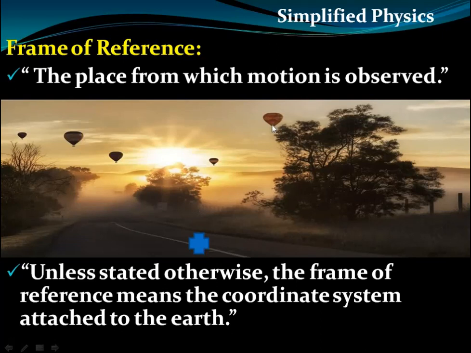Suppose an observer is in this balloon, then the distances of the balloons are different from each other. That means the frame of reference determines the position of the body as well. Simply, the place from which the motion is observed is the frame of reference. The position of the body depends on the observer's position, so the frame of reference really matters.